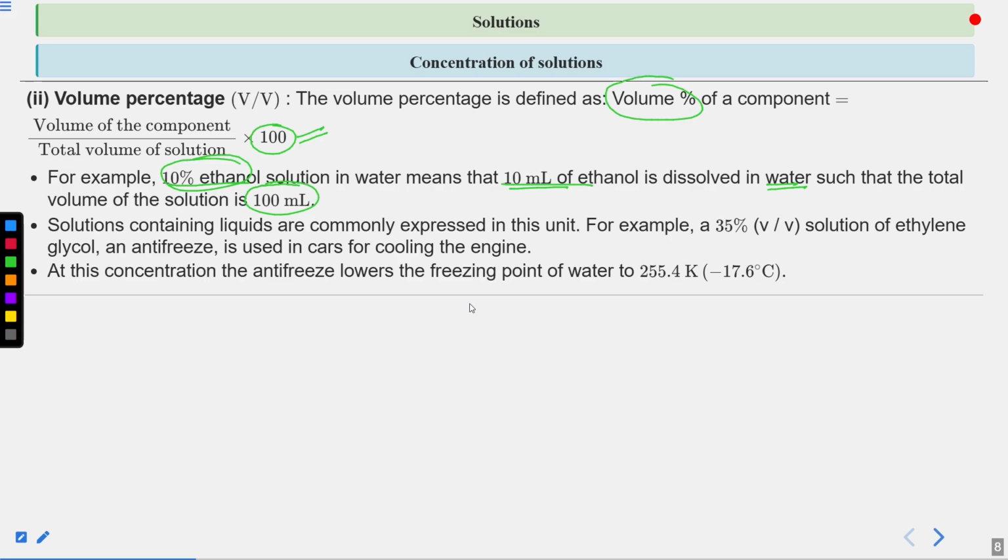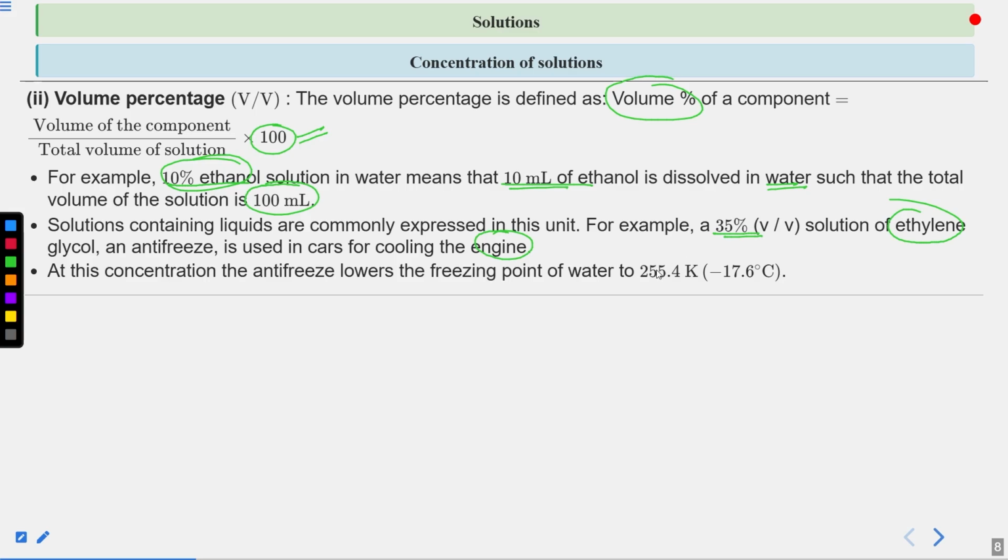What is the use of this? If you have an anti-freezant, what it does is lower the freezing point of water. And this is used in cars for cooling the engine. The solution that we take here is 35% volume by volume of ethylene glycol in water.